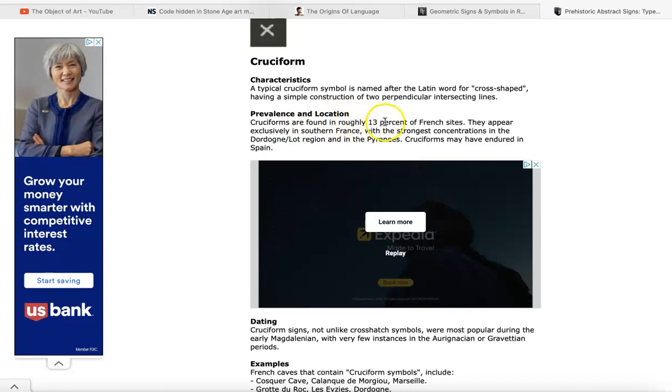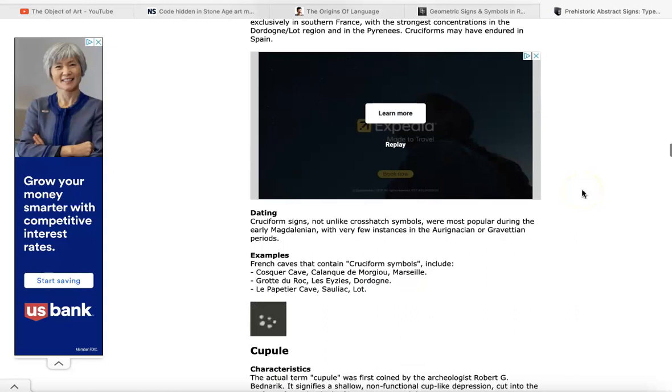Cruciforms are found in roughly 13% of French sites. They appear exclusively in southern France, with the strongest concentrations in the Dordogne-Lot region and in the Pyrenees. Cruciforms may have endured in Spain. Okay. Dating. Cruciform signs, not unlike crosshatch symbols, were most popular during the early Magdalenian, with very few instances in the Aurignacian or Gravettian periods.